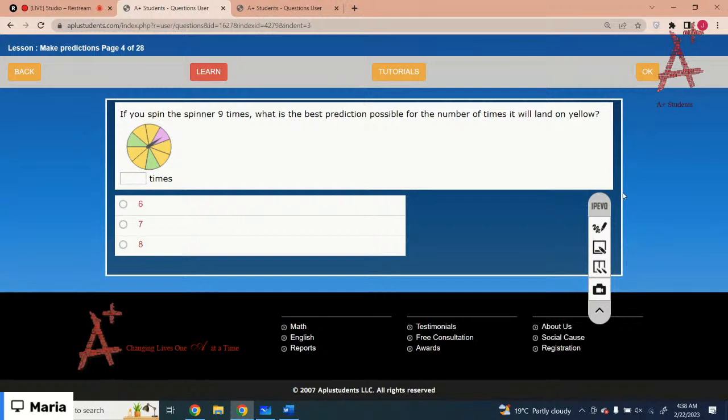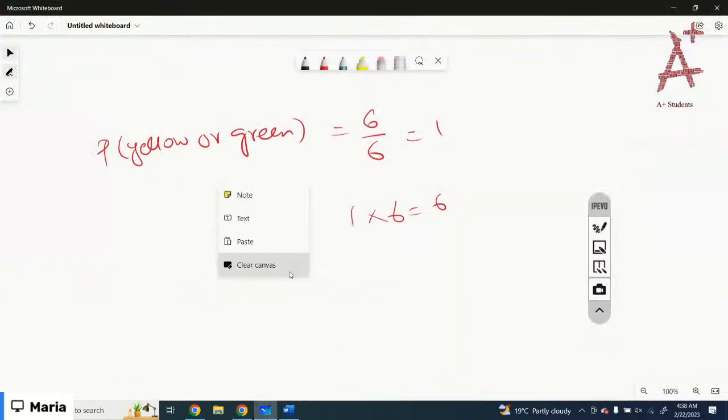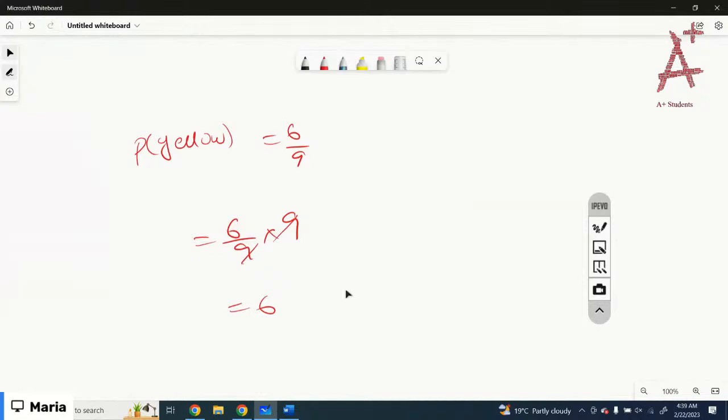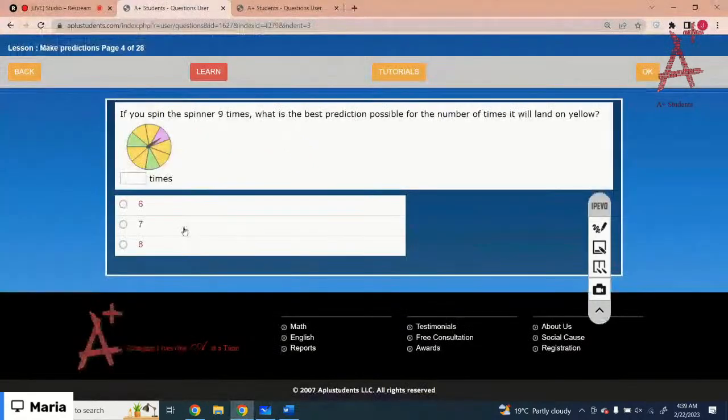So 6 over 9 is the probability of yellow. And you spin the spinner 9 times, so it would be 6 over 9 times 9. Got it? So 9 and 9 cancel out, and you are left with 6. So the correct option is 6.